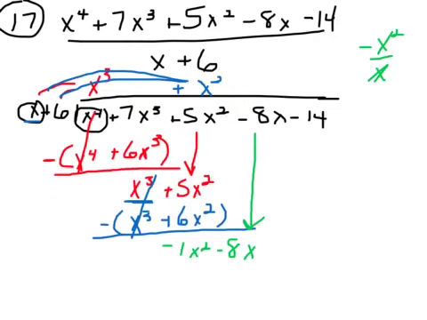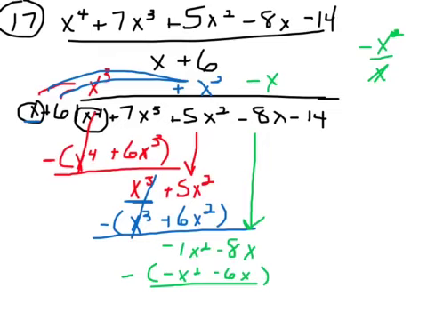Wouldn't this x cancel out one of the x's on top when you have a minus x left over? So now I got to multiply it by everything out front. Minus x times x is negative x squared. Minus x times 6 is minus 6x. But I got to subtract all that.